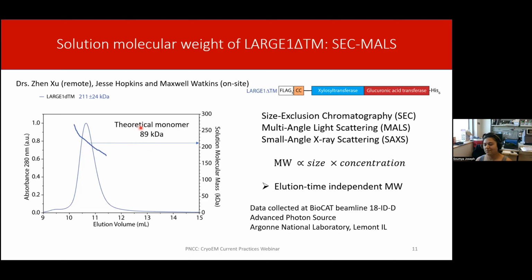So you can imagine 90 times 2 is about 180. It's a Golgi enzyme, so it's likely glycosylated. So from this data, we think LARGE1 is probably a dimer that is glycosylated. And I'll say that this data was collected at the BioCAT beamline at the Advanced Photon Source in Chicago.